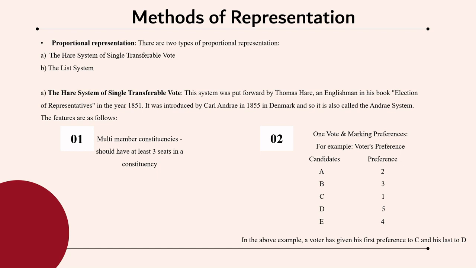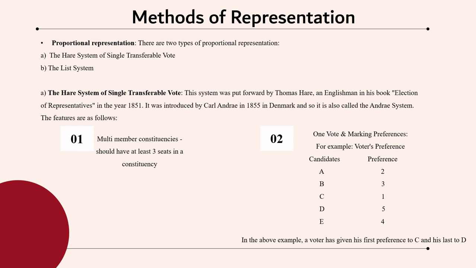Second, one vote and marking preferences. The voter has one vote but has to mark out the order of his preference. Look at the screen. For example, voter X preference has been given.